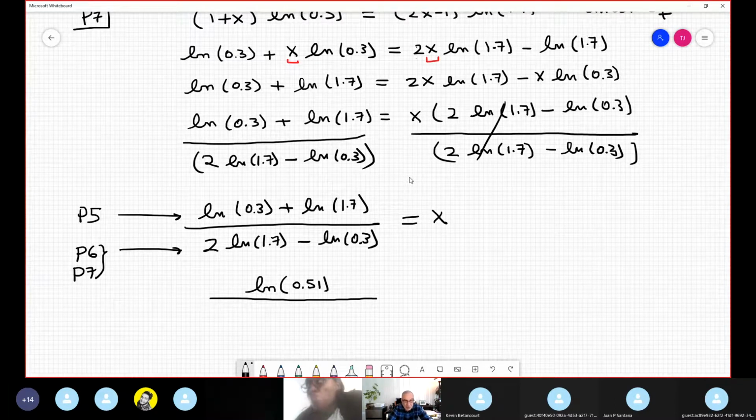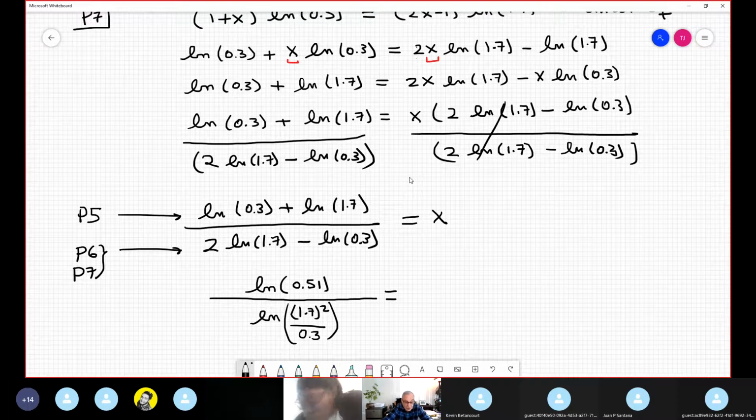So now another possibility is condensing here, but in the bottom you have 2 as a factor, you put it like an exponent, it's 1.7 squared, divided by, because of subtraction, 0.3. And everything inside the argument of this.